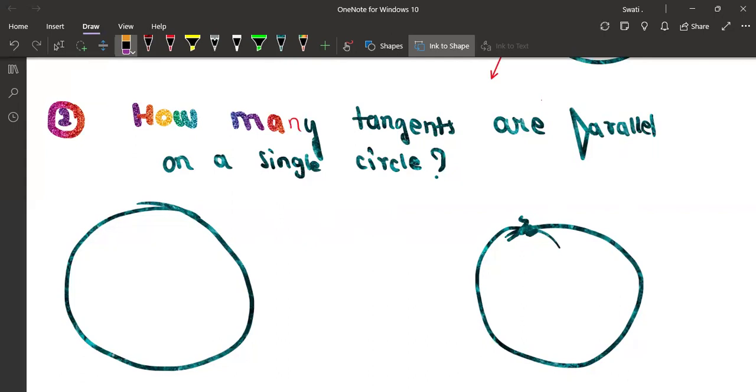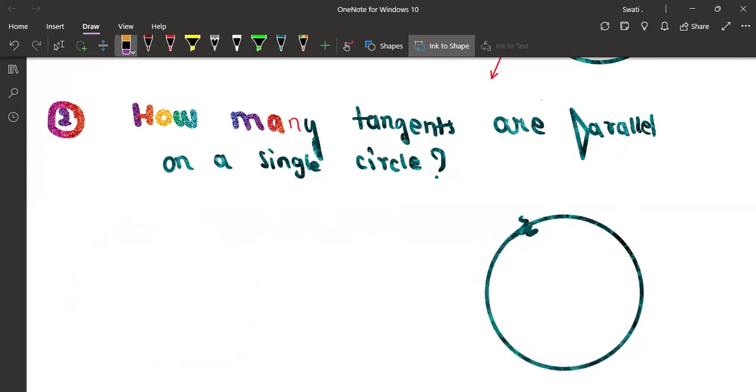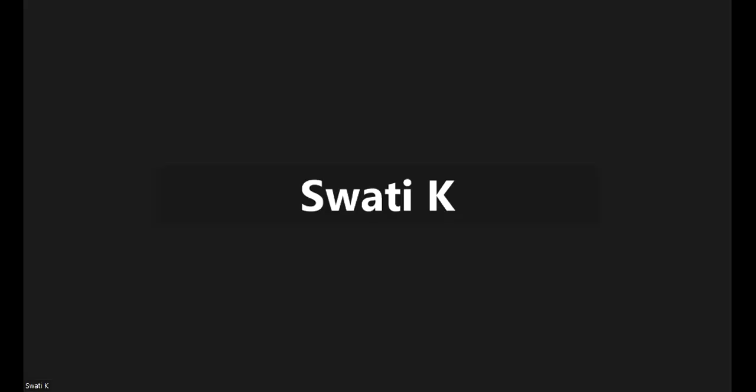That is the meaning of parallel. Now it is asking how many parallel tangents. How many tangents can you draw that will be parallel to each other? That is the question. The screen keeps getting stopped. Let me reshare once again.